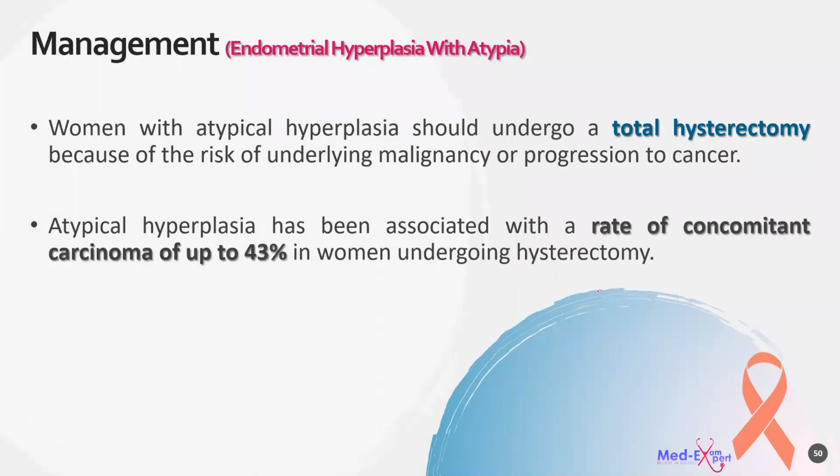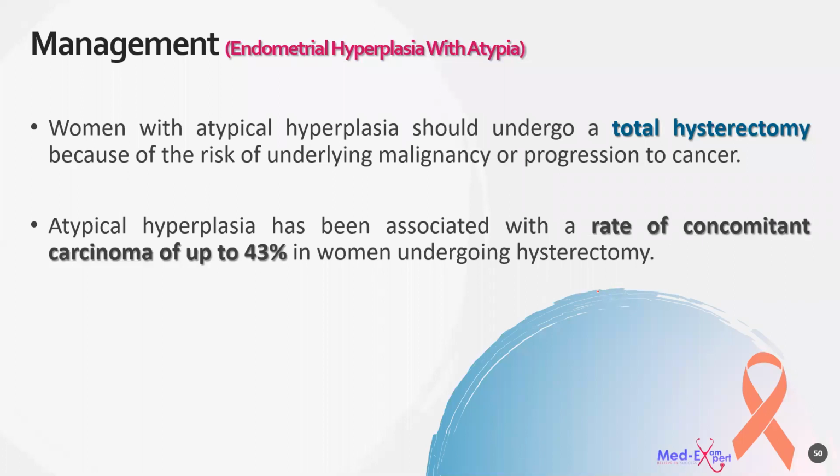So now the condition is totally different. Women with atypical hyperplasia should first undergo a total hysterectomy because of the very high risk of progression to cancer. Even in some cases diagnosed as atypical hyperplasia, after they underwent hysterectomy and histopathology of the specimen, in 43% of cases they found concomitant carcinoma.